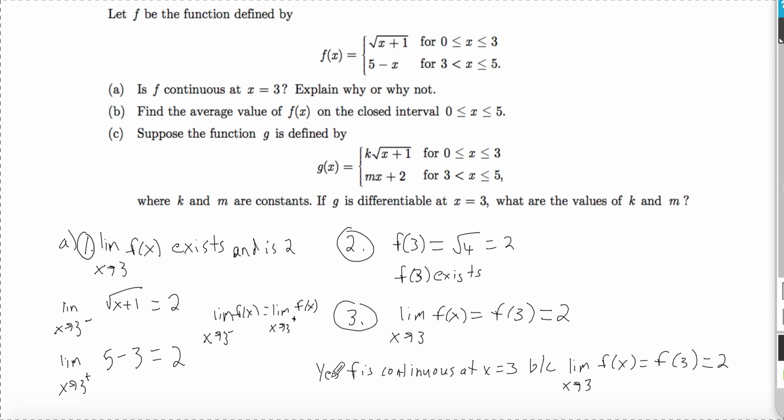So you got 1 point for saying yes, it is continuous and equating the left and right hand limits, and then you got 1 point for your explanation involving limits.